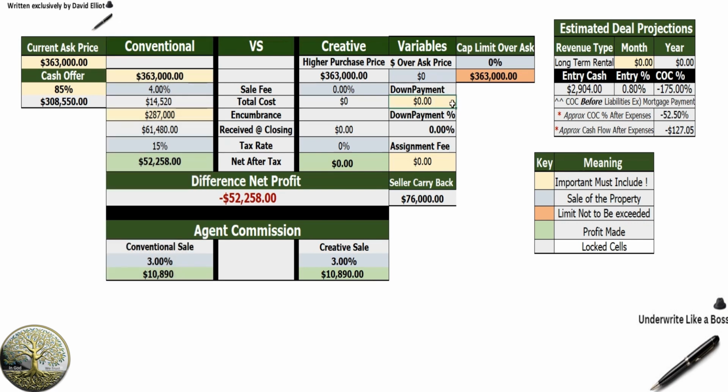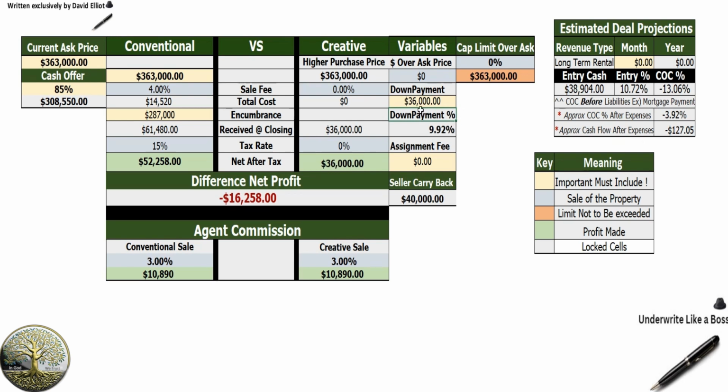Okay, so if we're listed at 363, I am going to first start off at anywhere between 8 and 10% as a down payment. So for simplicity's sake, let's give the seller 10% down. So that would be $36,000.